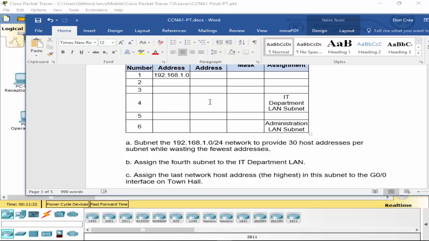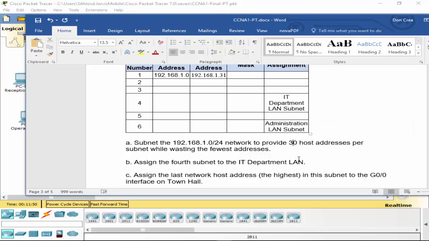Alright, so 30 addresses means that this one stops at 192.168.1.31. Okay, so it's masked for /32. Well, let's think about it. The /24 gives us 254 hosts, or let's just say 256, if this says 30 usable, right?